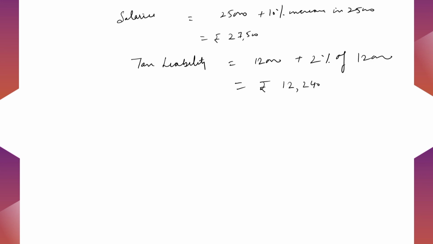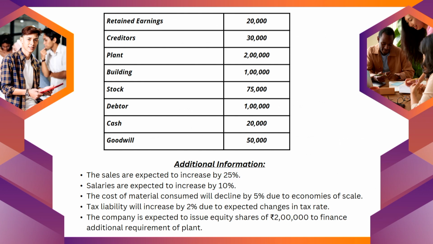Now, going to the next, we are provided with another adjustment that the company is expected to issue equity shares of 2 lakh rupees to finance the additional requirement of plant. So, we will calculate the equity addition also in this question.